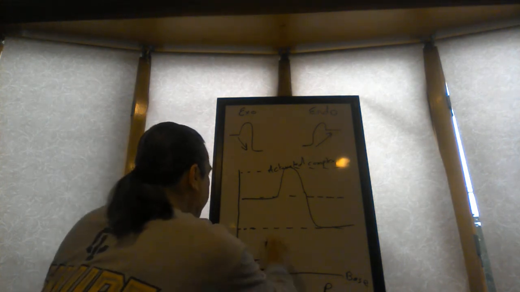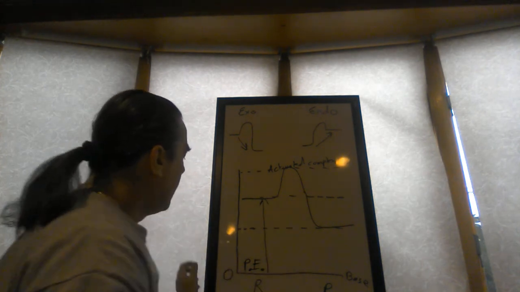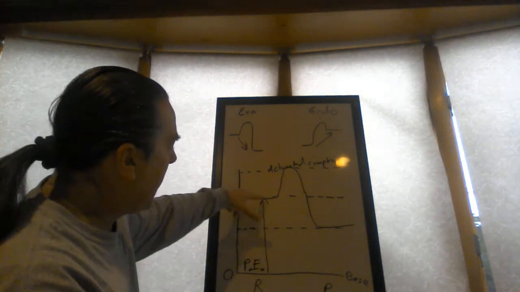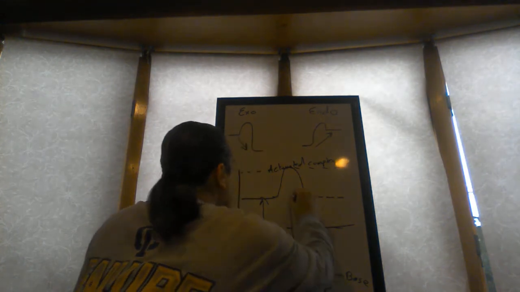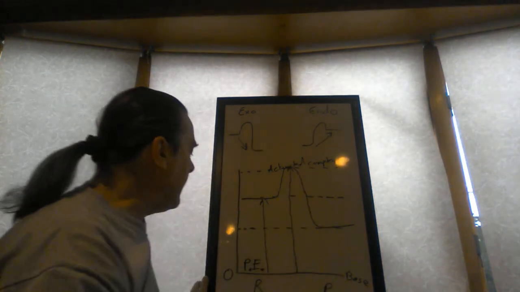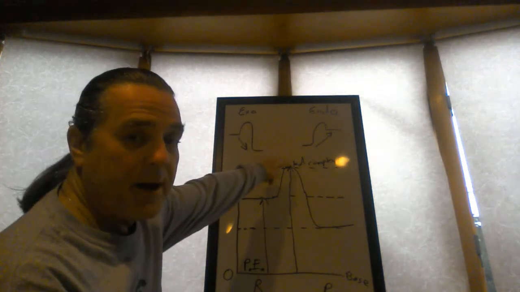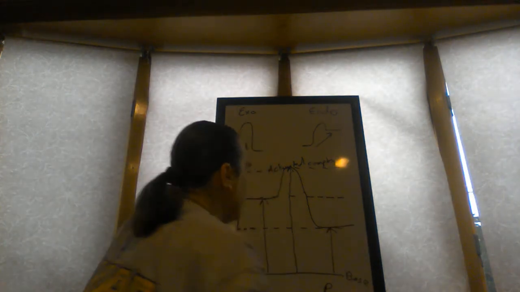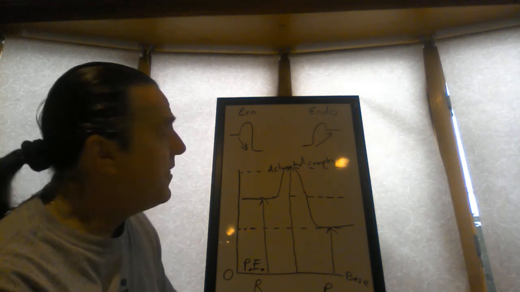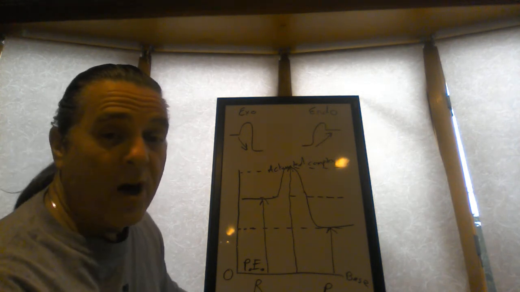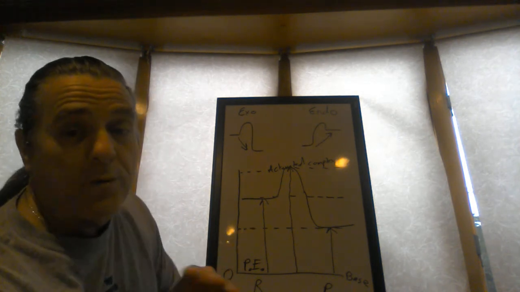So you're going to have PE of this height, which is reactants. PE of the activated complex. PE of the products.